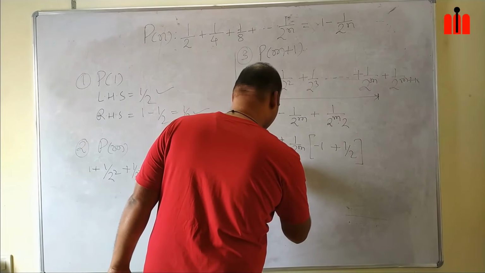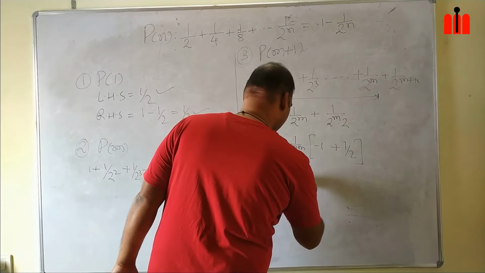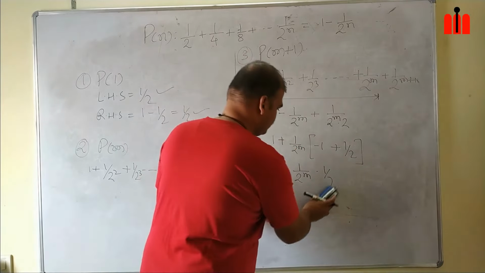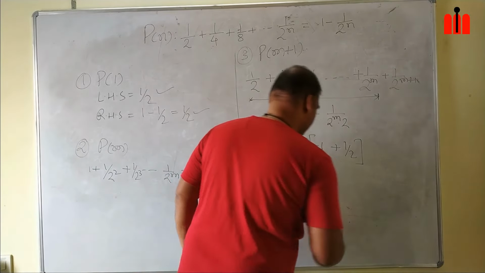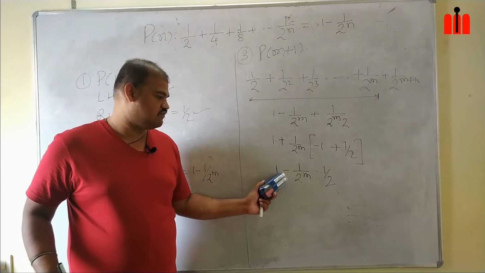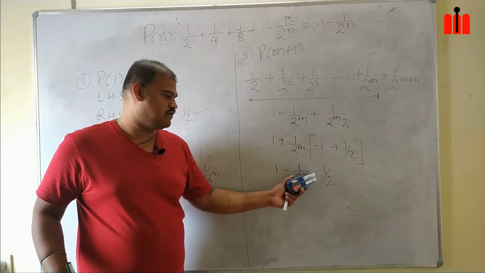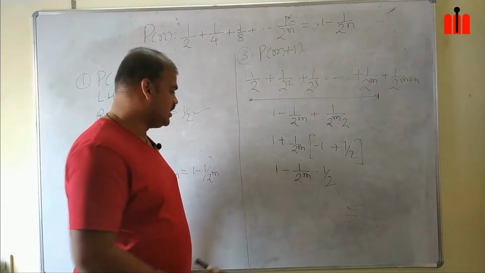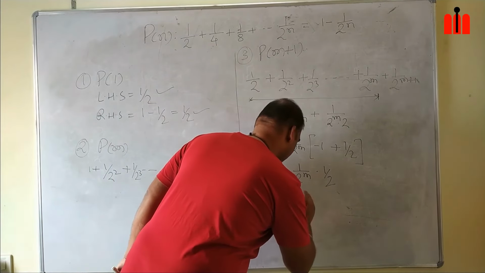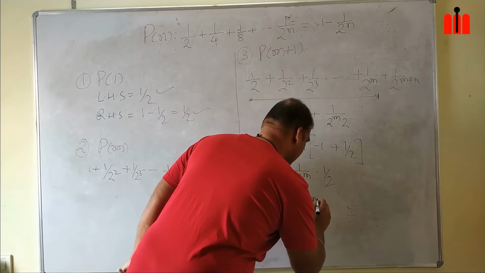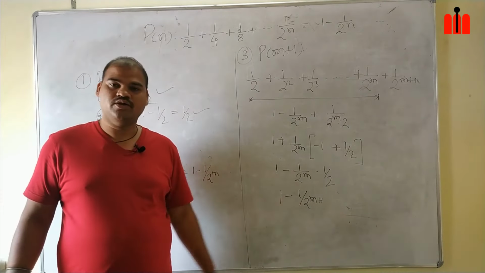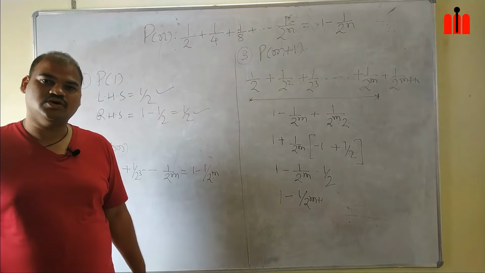So you get 1 − 1/2^m into 1/2. Whatever minus is there is consumed over here. Now 2^m into 2 will become 1 − 1/2^(m+1).